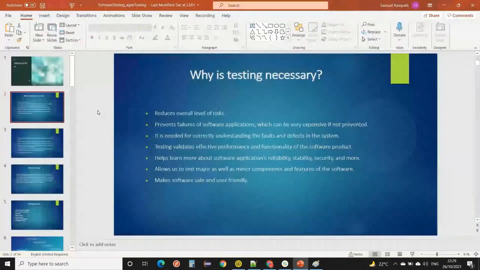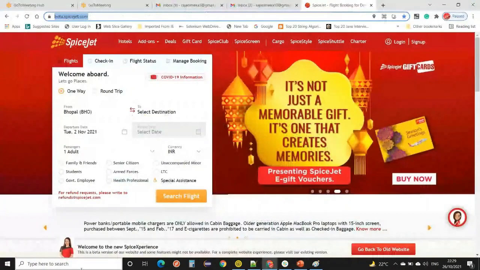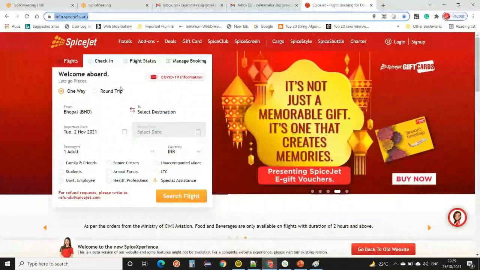Testing helps us learn more about the application's reliability and stability: how reliable your application is, how stable it is, and how secure it is. There will be payments, so how secure the payment details, like card details, and user details are.